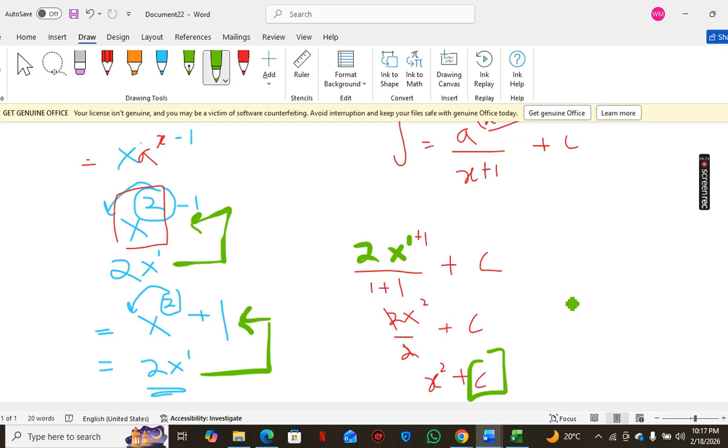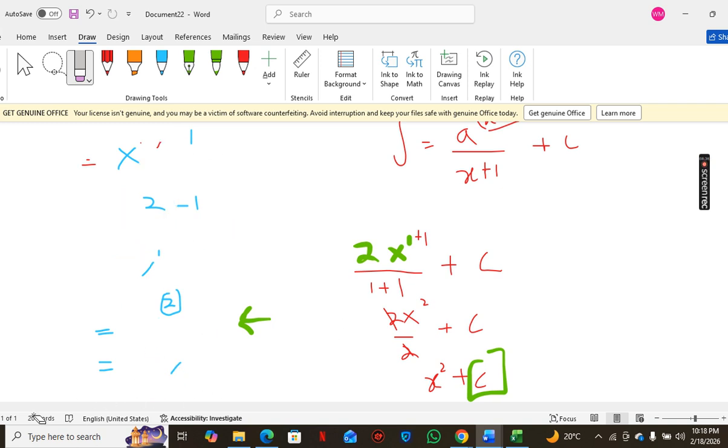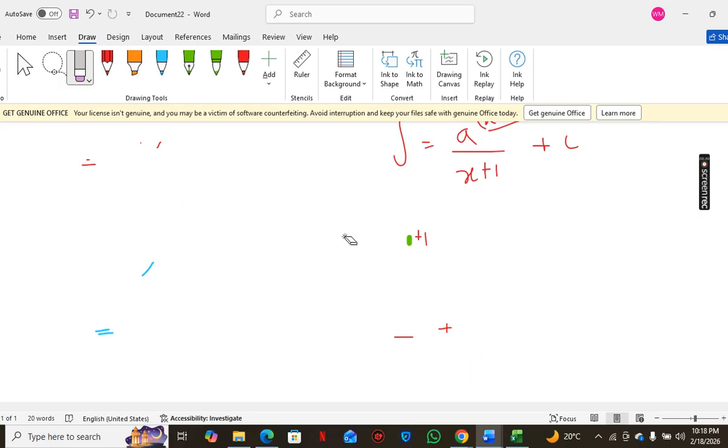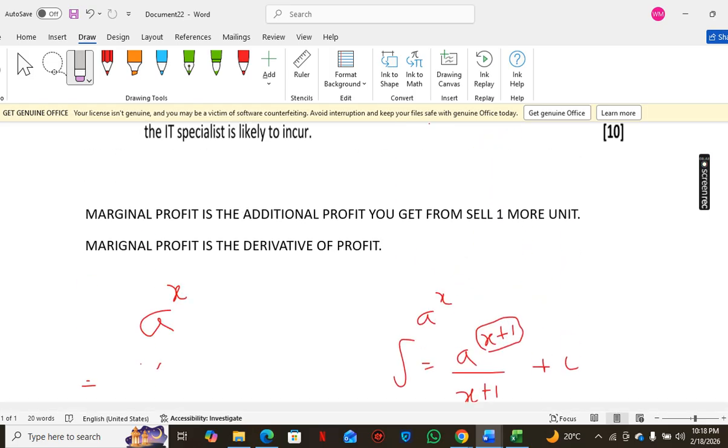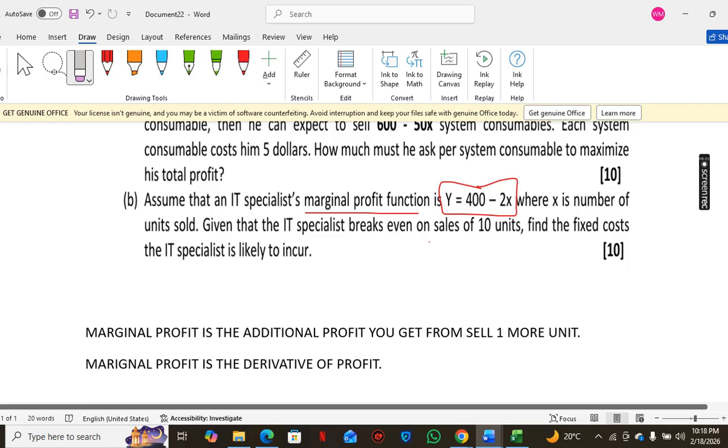Okay, so now let's apply this to the equation that we are doing here. We need to integrate our marginal profit to get our profit function. The equation has given us the marginal profit, but we want the profit.